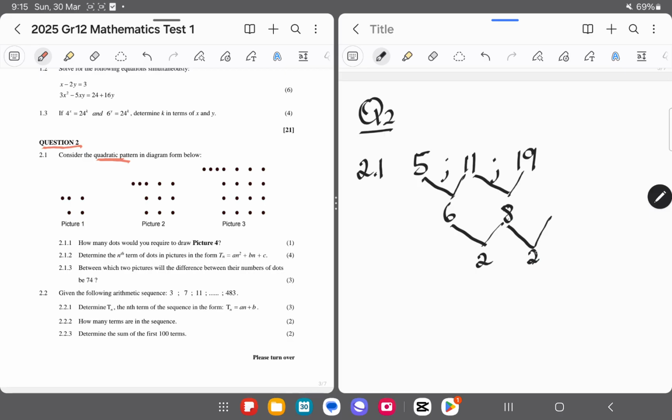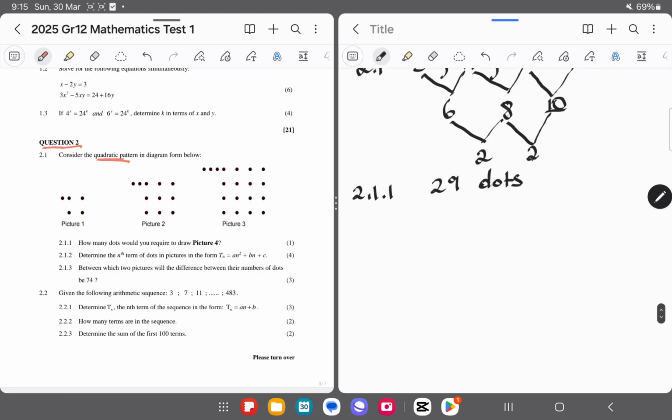And then 8 plus 2 gives you 10. And then 19 plus 10 gives you 29, which is the number of dots in picture 4. So if we answer 2.11, we should say it's 29 dots.